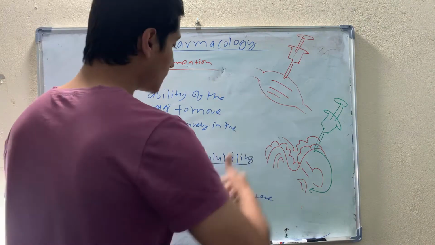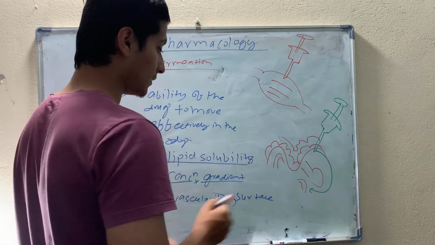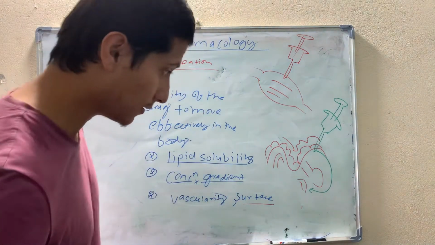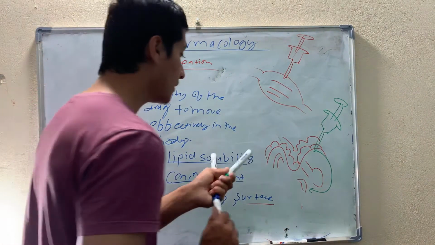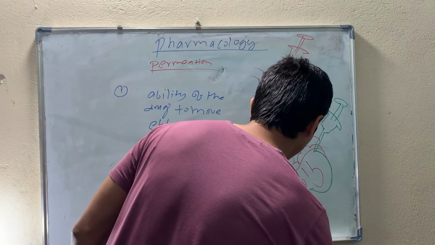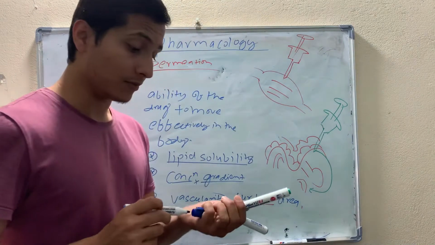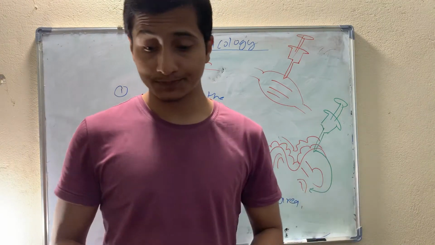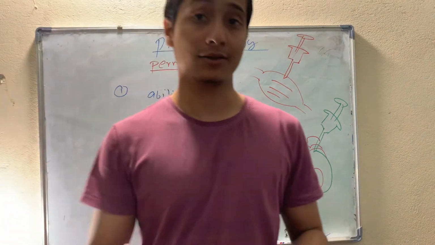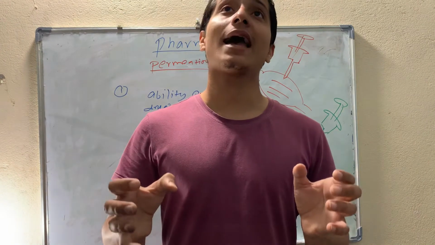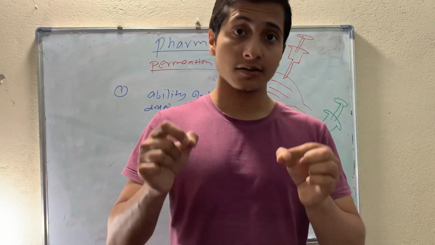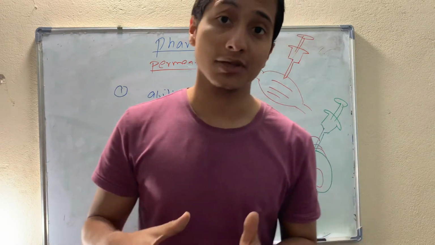Now, what is surface area? The interesting thing is the more surface area we have, the more easily the drug can permeate through the body. For example, if you take a drug orally, it has to move from the mouth through the esophagus to the stomach and into the small intestine.